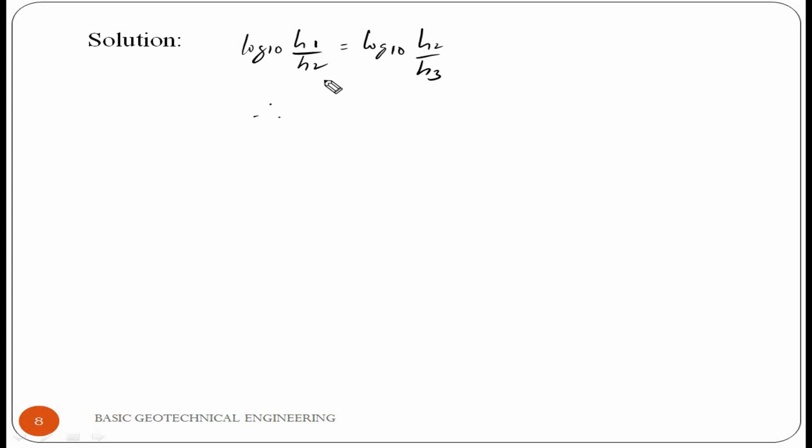Further the equation reduces to H1 by H2 is equal to H2 by H3. So now what we can do is, in terms of H2, if we want the equation, we can write it as H2 square is equal to H1 into H3. So again, if you remove this square, then H2 will be the square root of H1 and H3.